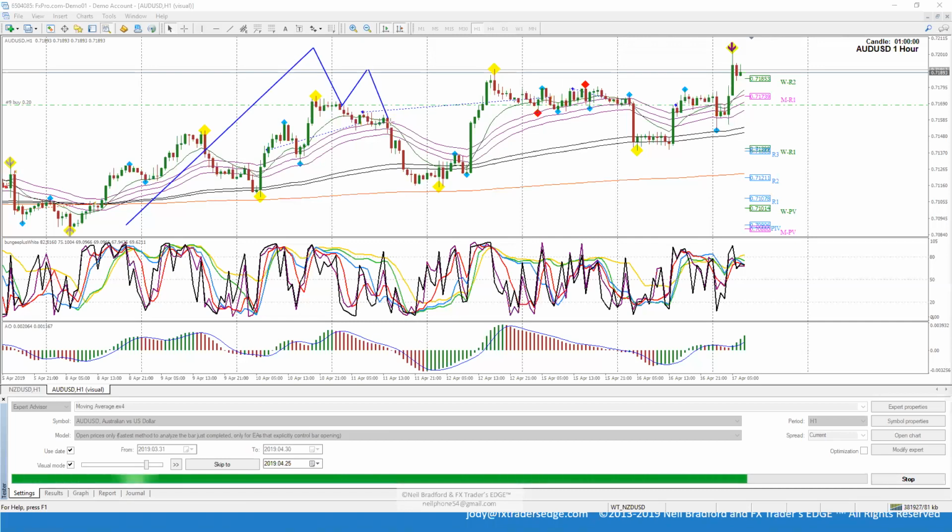And then the C wave comes down and then we continue. So you're absolutely right, it doesn't mean a market reversal, it could be part of a correction. We'll keep going.